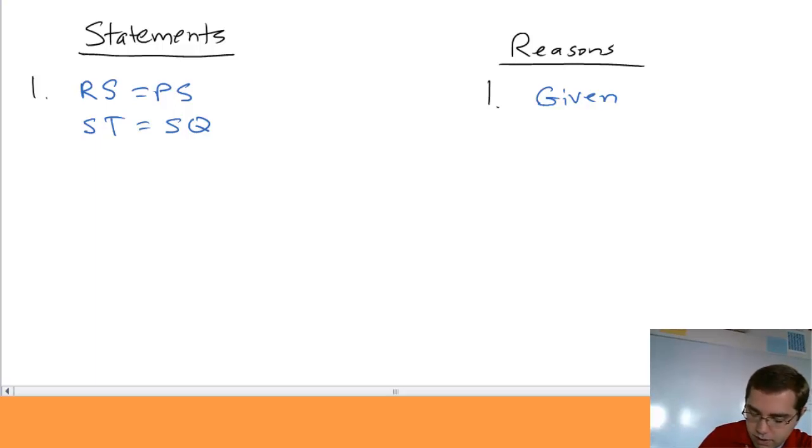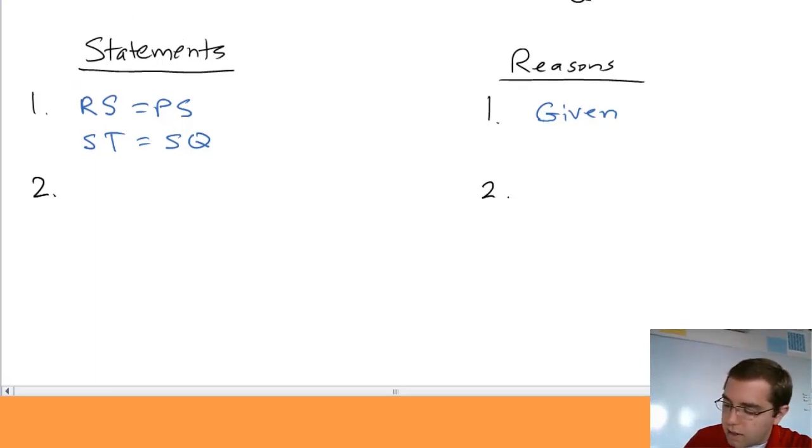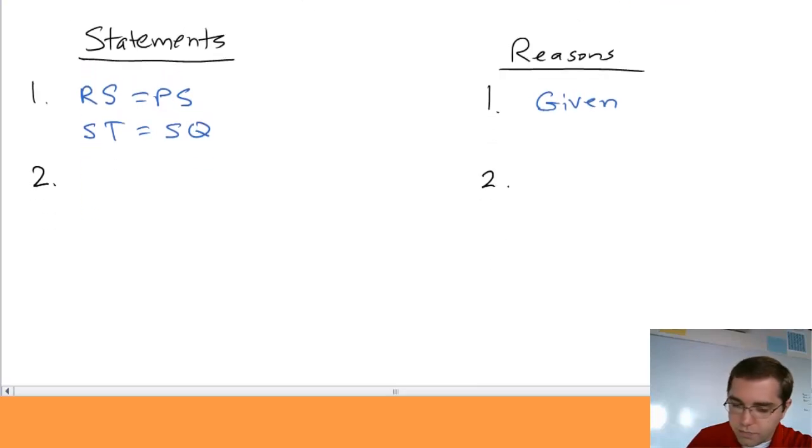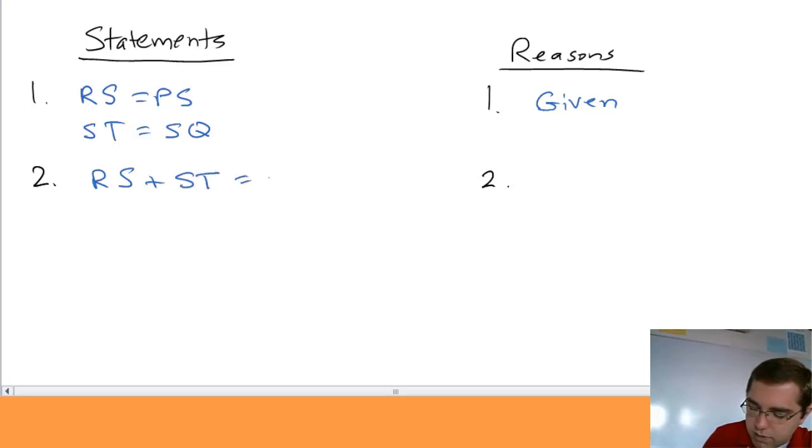Okay, number two. Statement number two will have its own reason. The reason will be how we know that statement is true. Well, if RS equals PS and ST equals SQ, then I can state RS plus ST equals PS plus SQ.